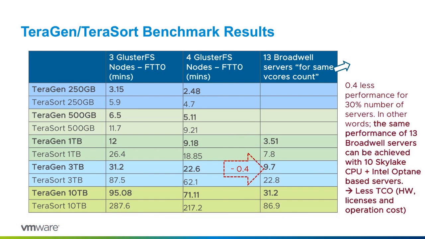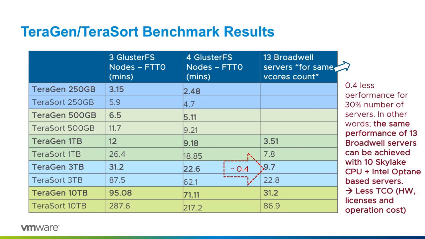So this means that for a factor of 0.4, we have consumed 13 physical machines. However, with 4 physical machines, we have consumed 0.4 of this value. This means, in other words, that if you have 10 servers of Purley, Skylake, and Optane, you can achieve the same performance of the 13 servers of the Broadwell-based CPU without Optane, with a simple calculation.